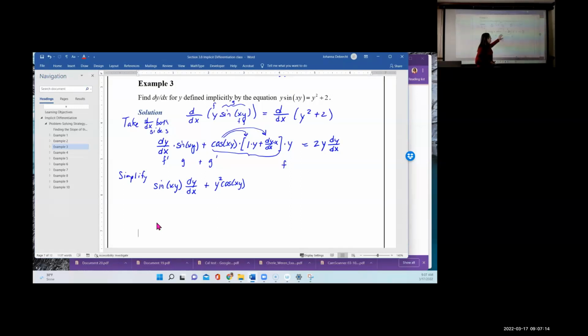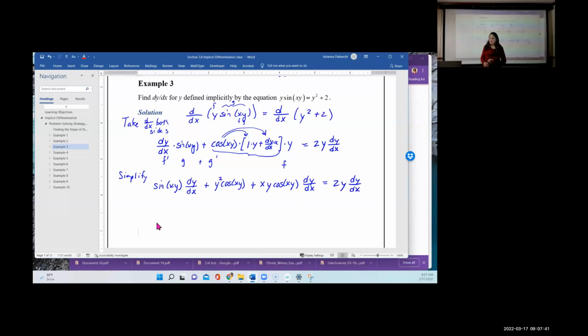And then we're going to multiply the y cosine of xy by the second part, which would give us plus y cosine of xy multiplied by dy dx times x. So that gives us an x, which we can put at the front, and a dy dx, which we can put at the back. And then this is equal to 2y dy dx.